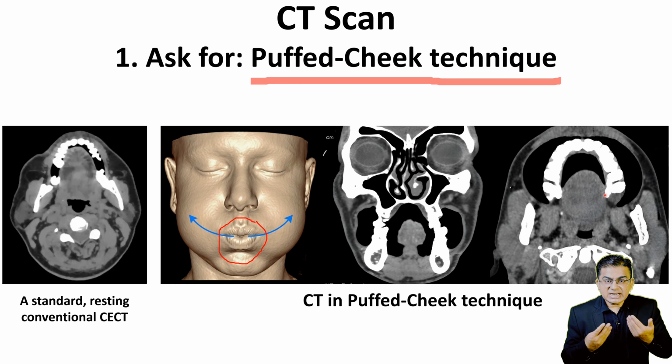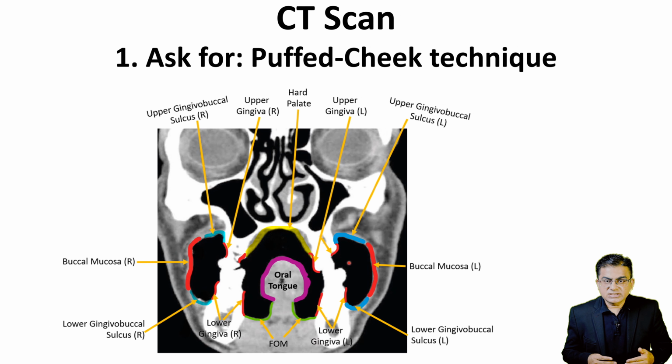Because that trapped air in the vestibule acts as a negative contrast agent. It physically pushes the cheek mucosa away from the gums. Without this air, the cheek collapses against the gingiva and everything looks like one big mass.